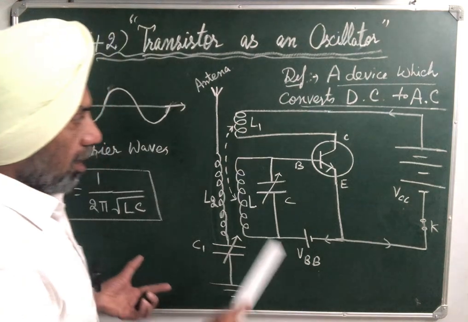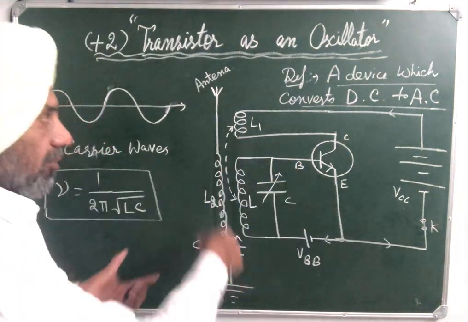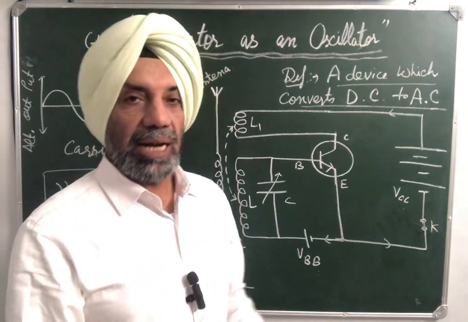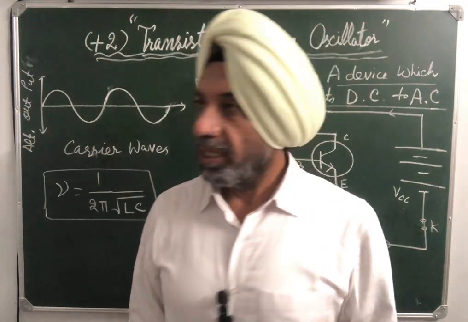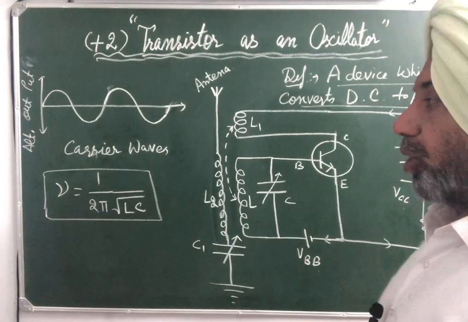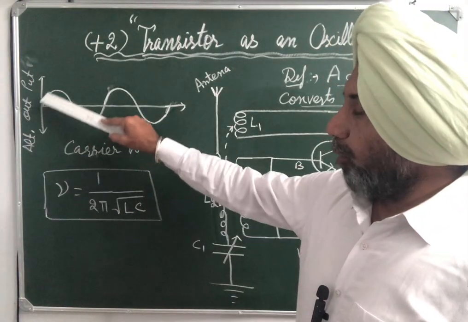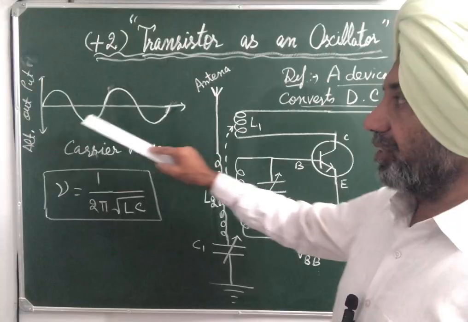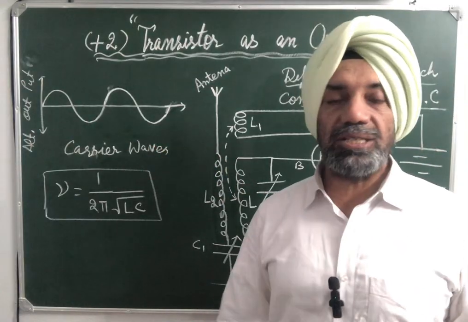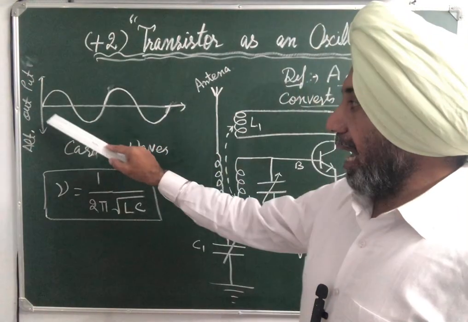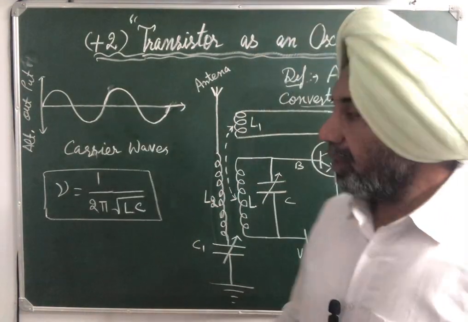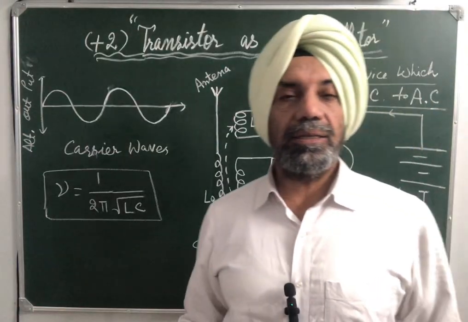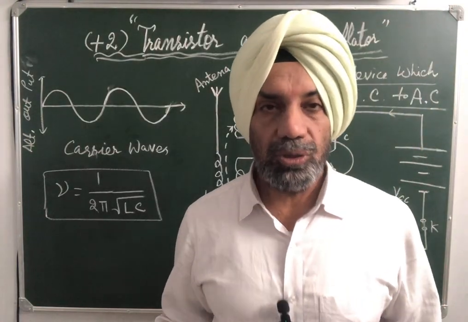So this is how an oscillator produces carrier waves which are used to transmit signal from one place to another. So this working of the oscillator is very important, and the output we get is AC, an alternating signal, that is the carrier wave. Why is it called a carrier wave? Because it is used to carry the signal from one place to another place.